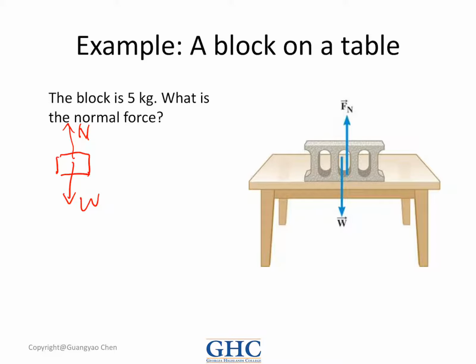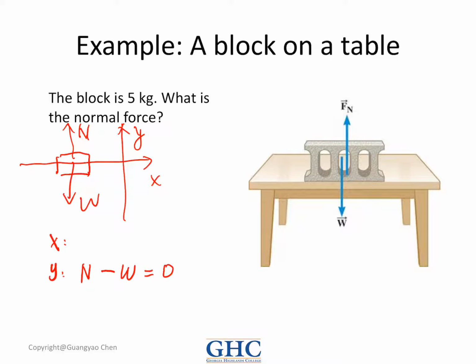Now of course the block is not moving, so the net force is 0. You build your coordinate system, that's your x, that's your y. You can see in the x direction there is no force, so we're not concerned with the x direction. In the y direction we have normal force pointing in the positive y, and weight pointing in the negative y.